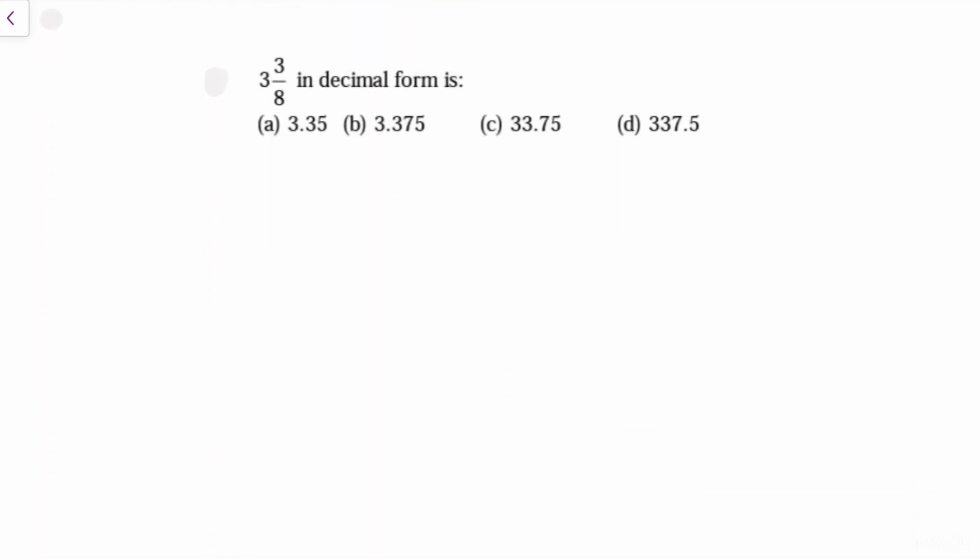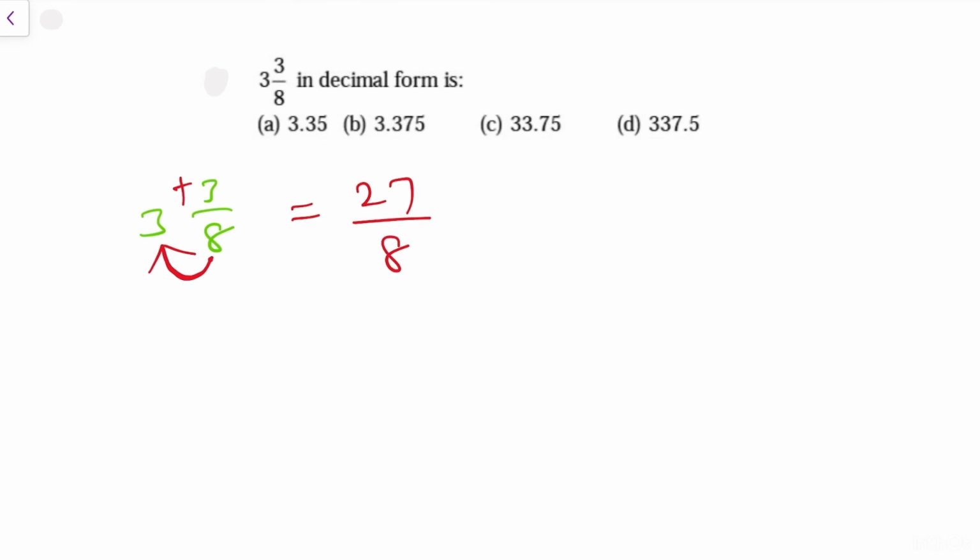Next, 3 by 8. This is a mixed fraction, and we need to convert this mixed fraction to an improper fraction. First multiply these two numbers, 8 3s are 24, and add this number. So 24 plus 3 is 27 divided by 8.